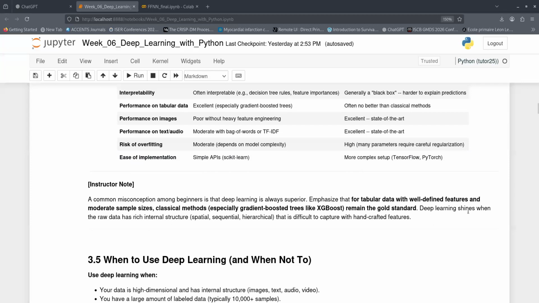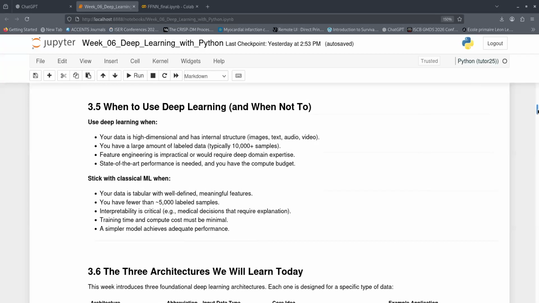But deep learning shines when the raw data has rich internal structure. That internal structure can be spatial data, sequential data, hierarchical data, longitudinal data that is difficult to capture with handcrafted features.